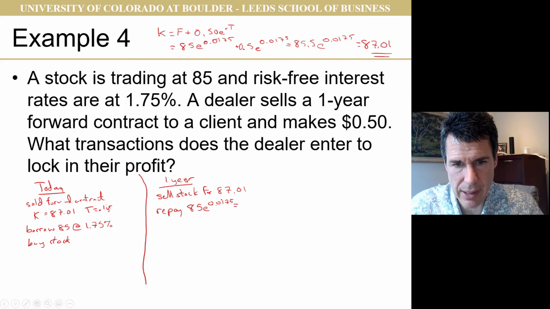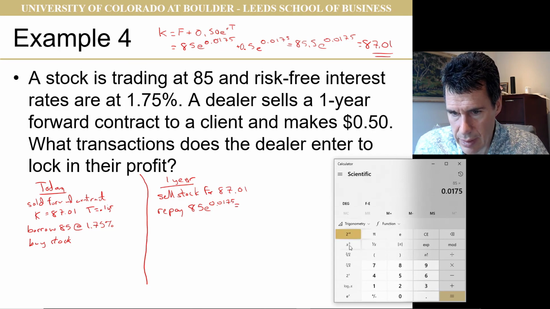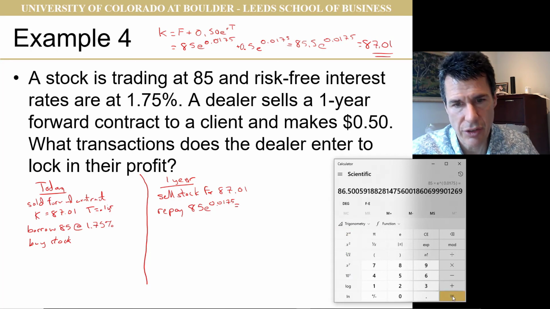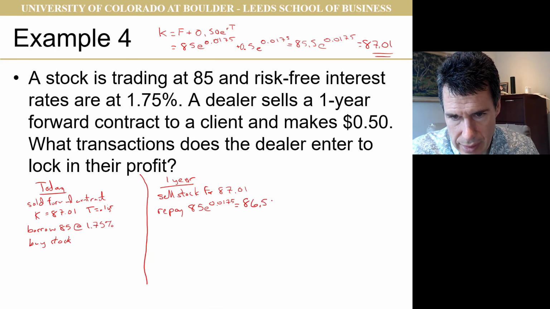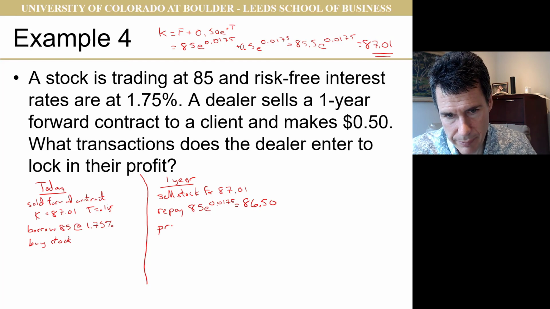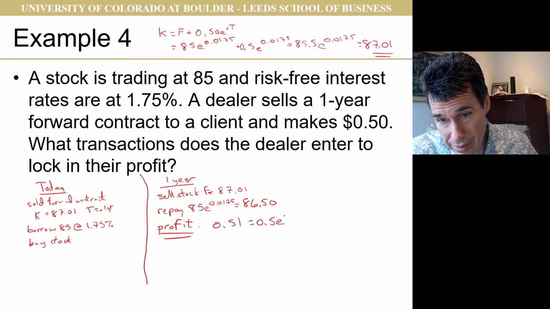So that's how much? Let's just check that. I'll get my calculator out again. 85 times 0.0175, e to the x, 86.50. So he has to repay 86.50. Profit, the money he's made, guaranteed, 0.51, which is equal to 0.5 e to the 0.0175, right?